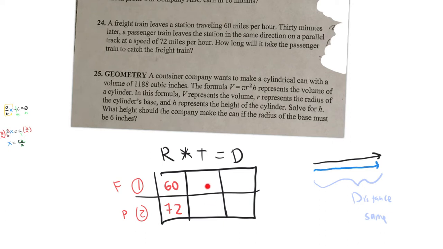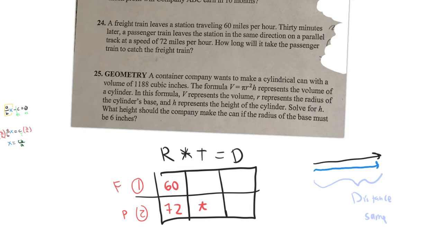So we're going to use the value t to represent time. Let's take a look. This passenger train leaves the station 30 minutes later, right? So let's say t represents how much time the passenger train was on the tracks. In other words, how much time the passenger train was traveling.